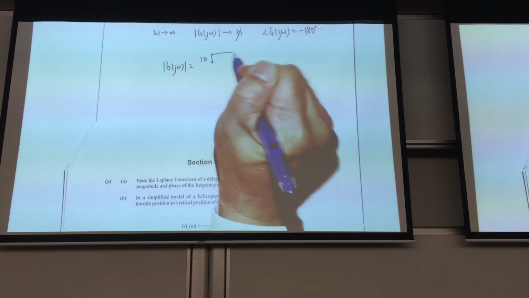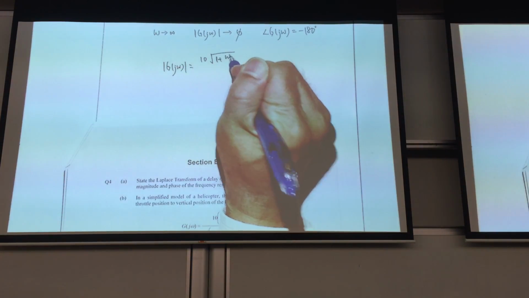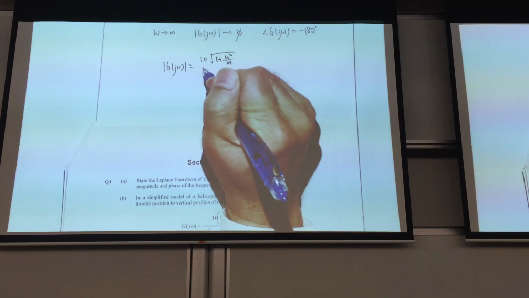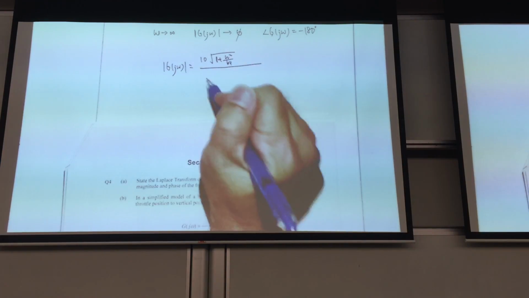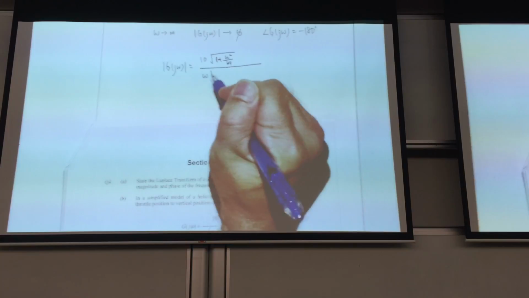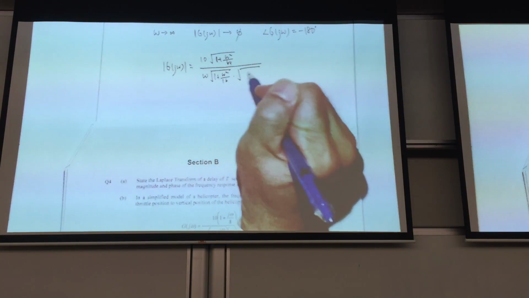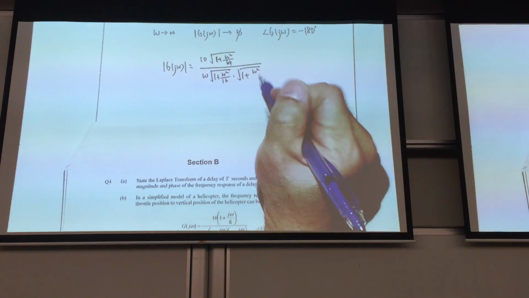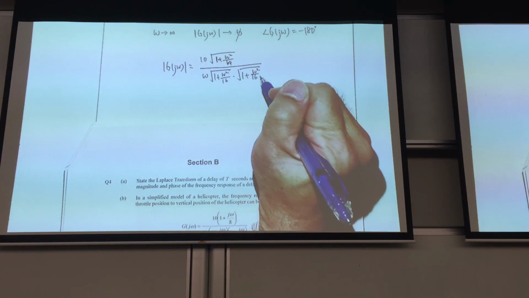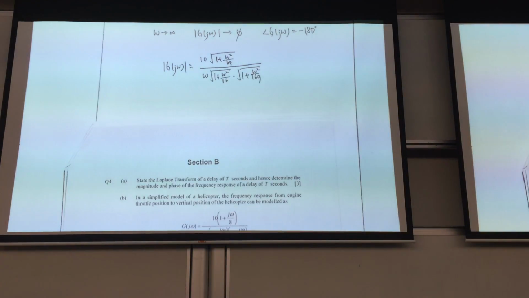So this is 10 times the square root of 1 plus omega squared divided by 64, divided by, at the denominator, omega times the square root of 1 plus omega squared divided by 16, times 1 plus omega squared divided by 169, right? Is it 169, 16 squared? No, wrong.